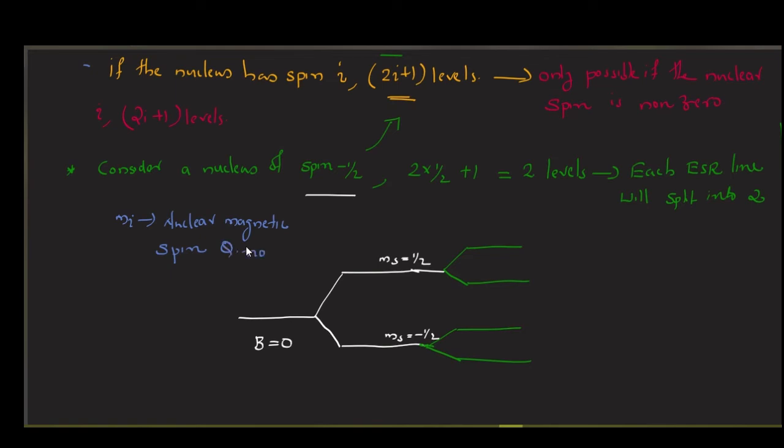Then you have Mi as half, minus half, again minus half, and half. Please remember that the Mi quantum number is represented like this, plus half minus half, and in the bottom portion it is represented as minus half and plus half.